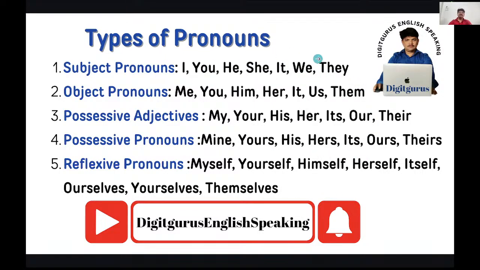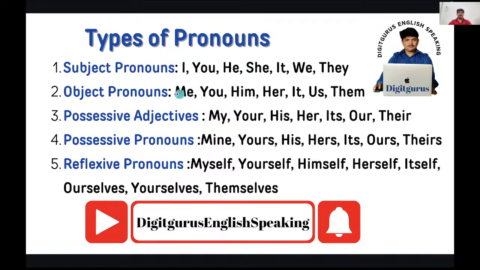These words are very simple, and you can understand their meaning. You can say, yeah, I know the meaning of these words, but the use of these words is very important.